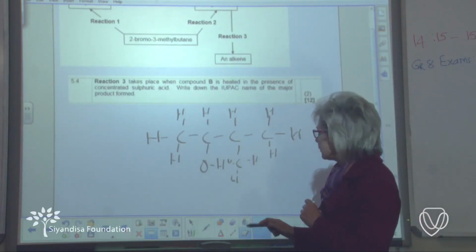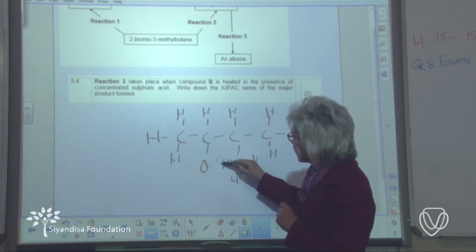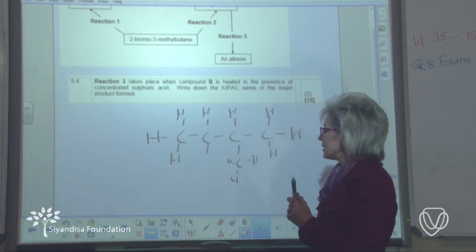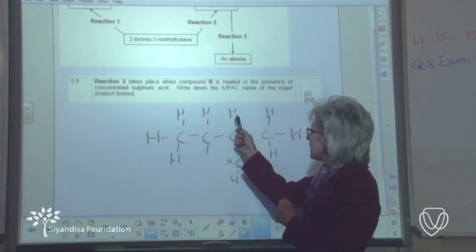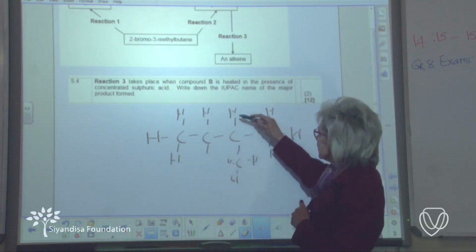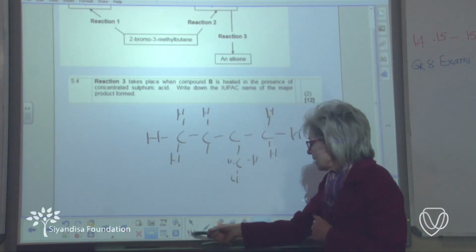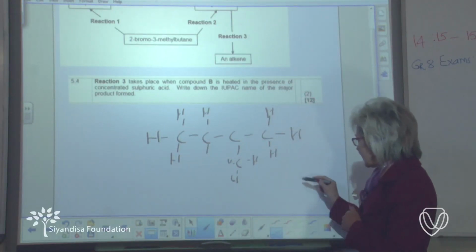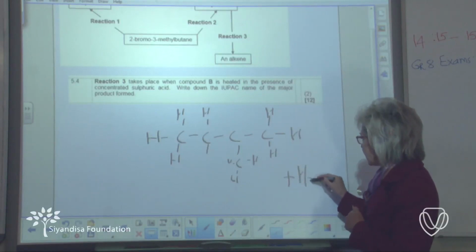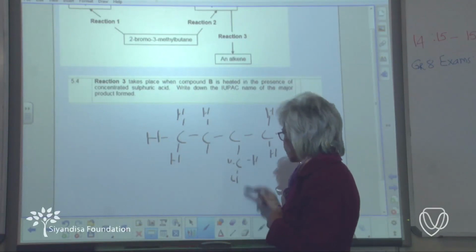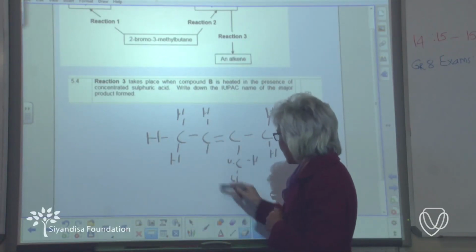Therefore, I'm going to remove OH, and I need to remove H. And again, the question is which H, this one or that one? So the least substituted one, so I am removing this H. Therefore, the product that gets formed would be H2O, and there where I've removed those two chemicals, I end up with the double bond.